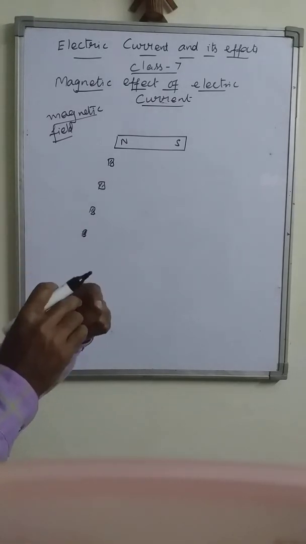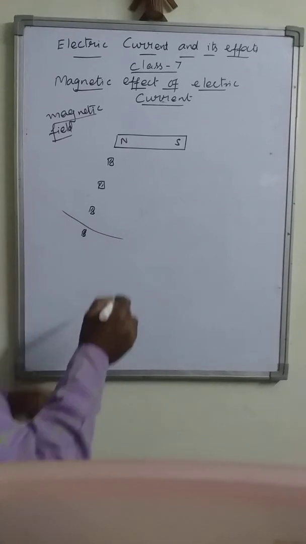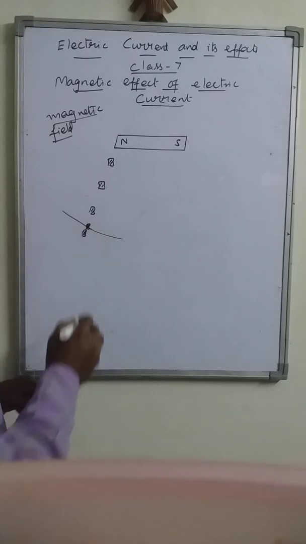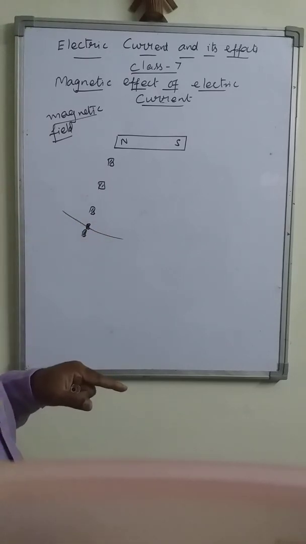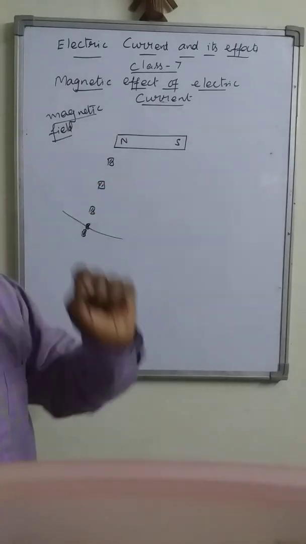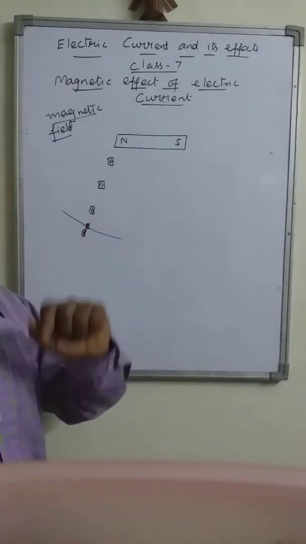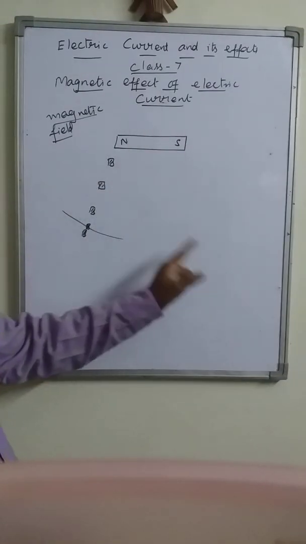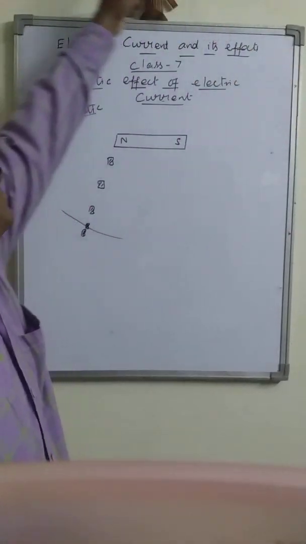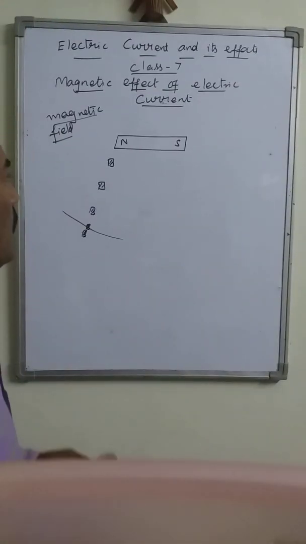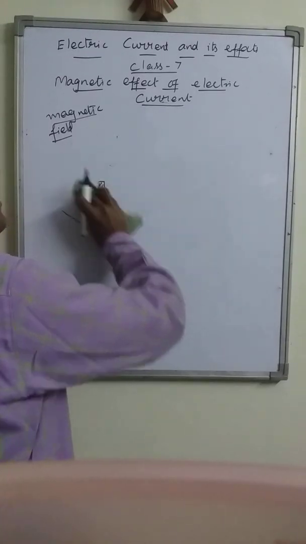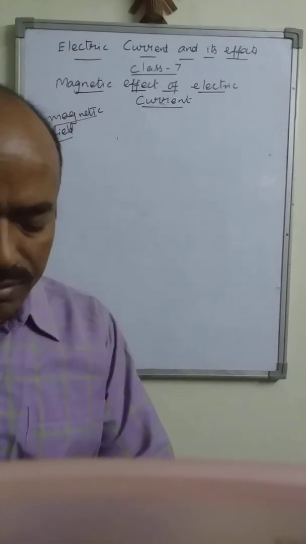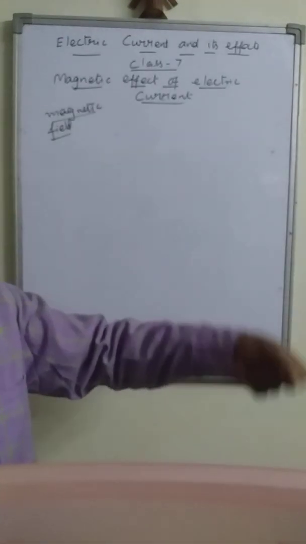Suppose this is the boundary. When the iron piece is placed at the boundary, its influence becomes zero. That means the magnet is not attracting the iron piece. Then we say this bar magnet is able to develop a space around it, within which it is able to attract other magnetic material.